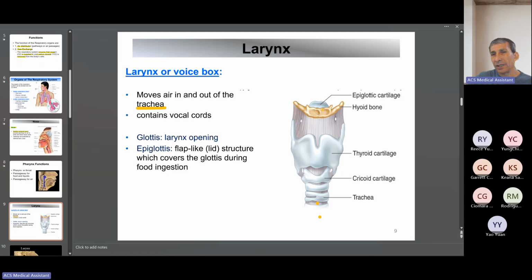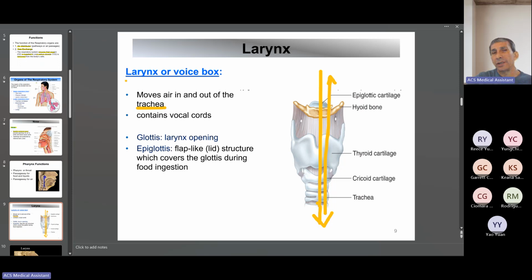When we breathe in, air goes in. When we breathe out, air goes out. All these structures are just passageways of air. The only structure that is not a passageway, where gas exchange happens, is the alveoli or air sacs.